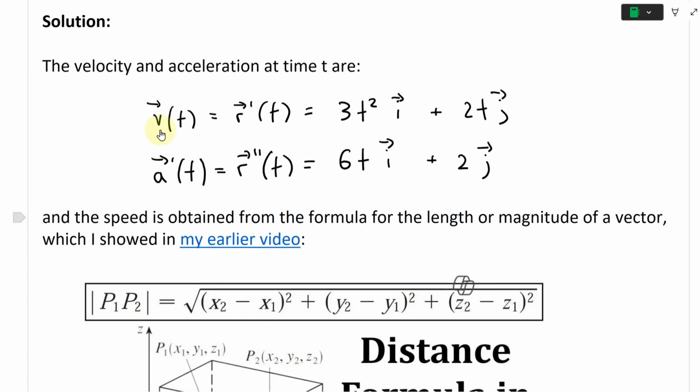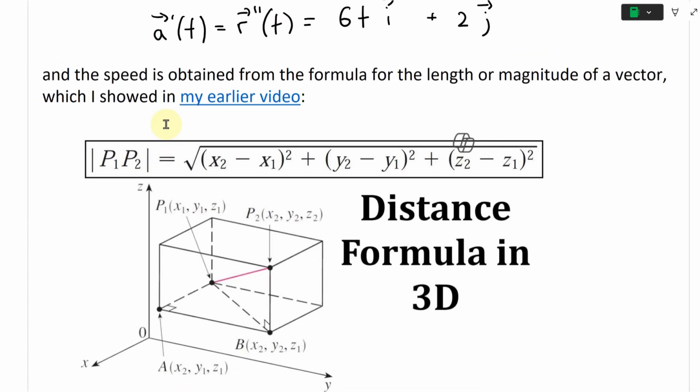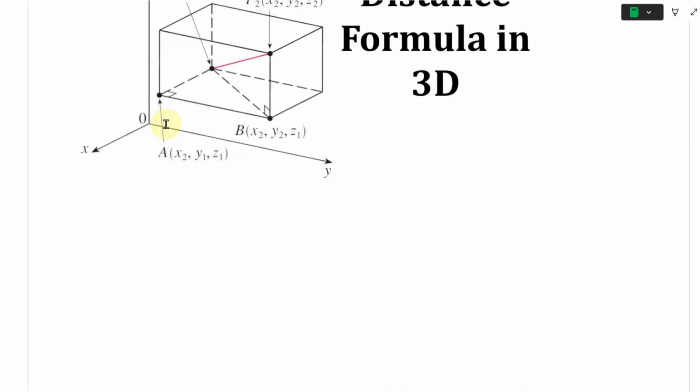So thus the speed, right here is the absolute value sign. I'll write this down as speed. It's just the magnitude of the velocity vector. So this equals the magnitude, this is the v vector of t.